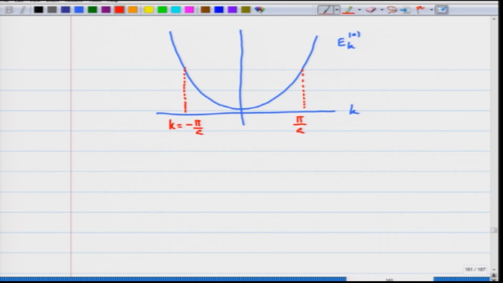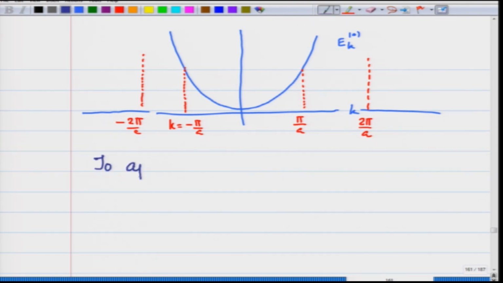Same thing would happen at any Brillouin zone boundary or any multiple of these k's. So, even at k equals minus 2 pi by a or k equals 2 pi by a, again we will have a g that will have energy level degenerate with k plus g, and we have to apply degenerate perturbation theory. And let us see now what happens when we do that.